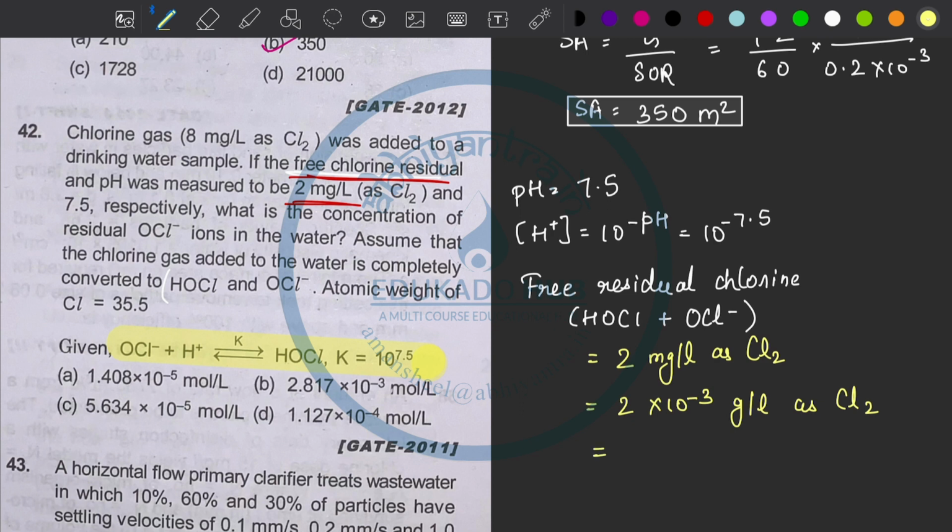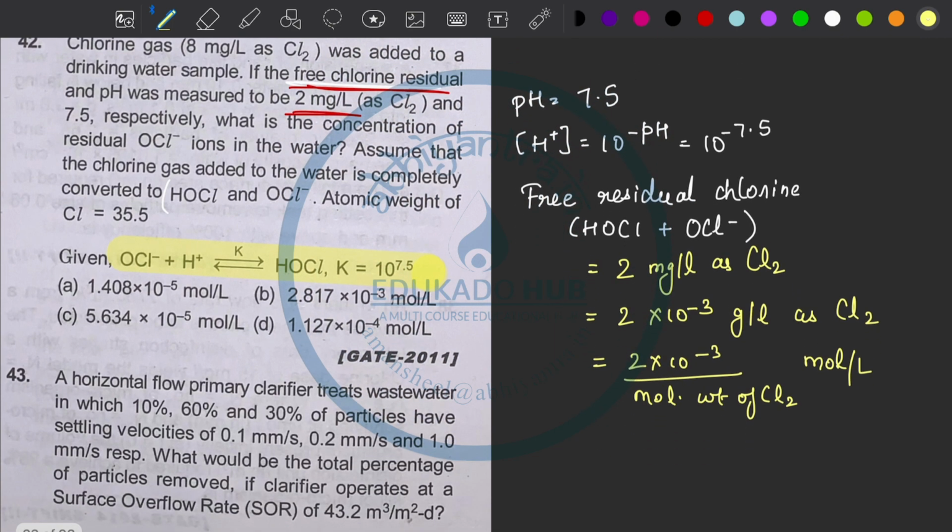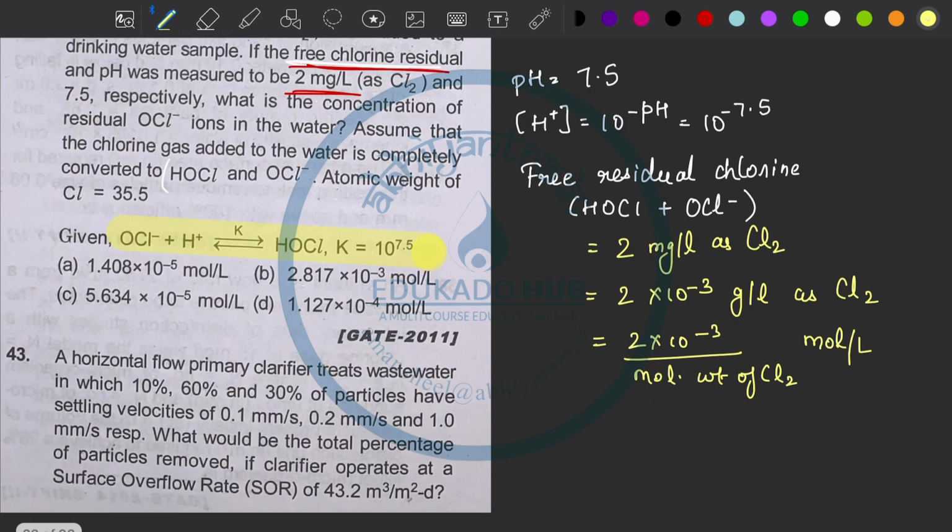And if I change it into moles, it will be 2 into 10 to the power minus 3 divided by the molecular weight of Cl2, mole per liter.